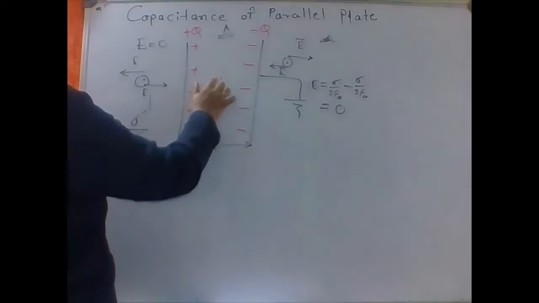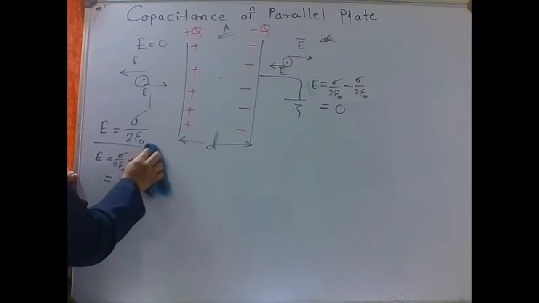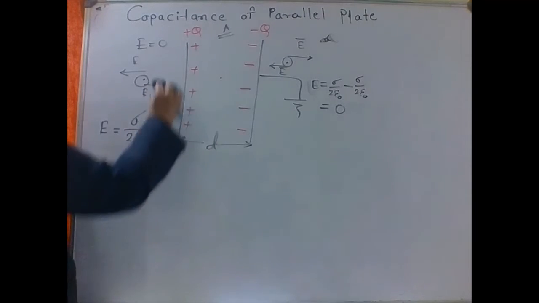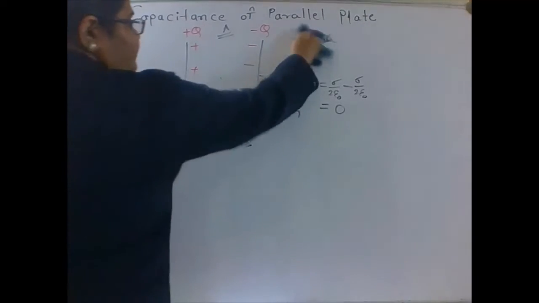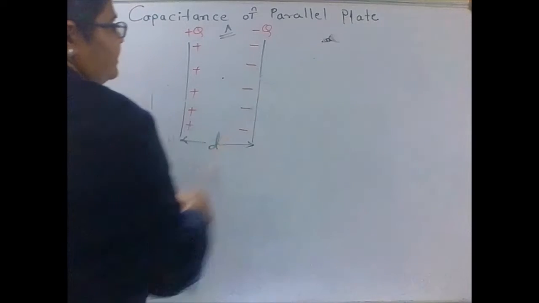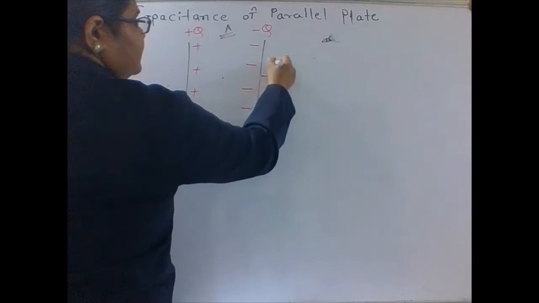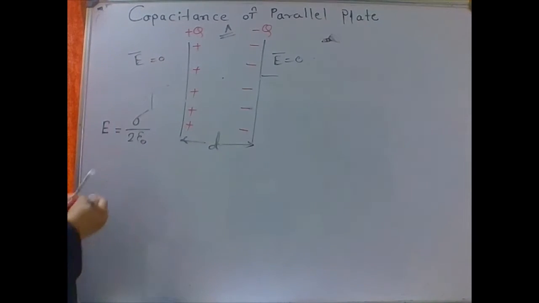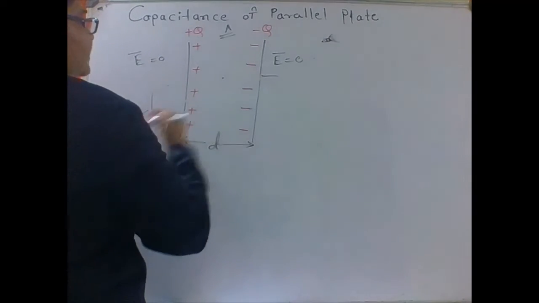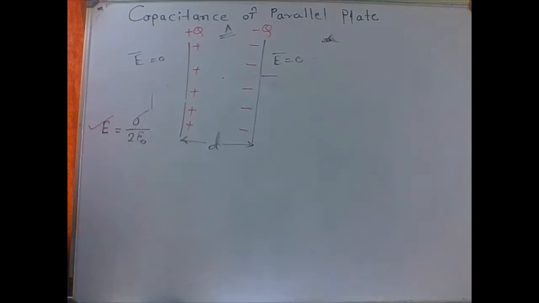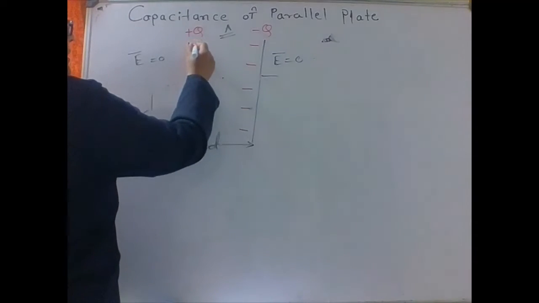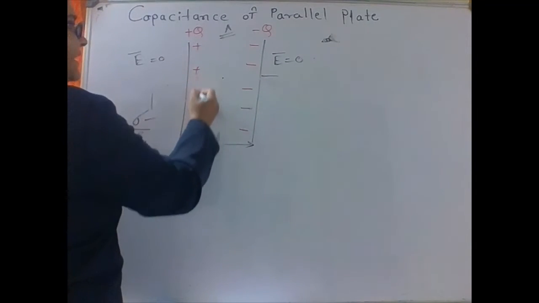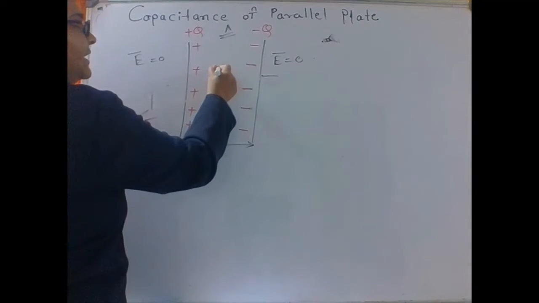Then what is the field inside this parallel plate? We know the magnitude is the same: E is equal to sigma upon 2 epsilon 0. This is the relation between surface charge density and electric field. What is the direction of the electric field due to the positively charged conductor?